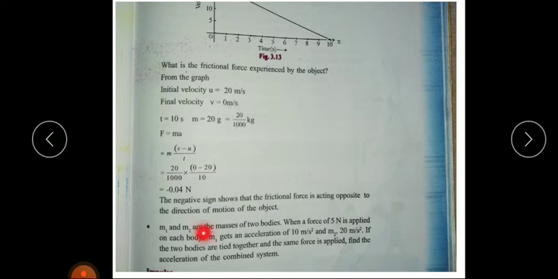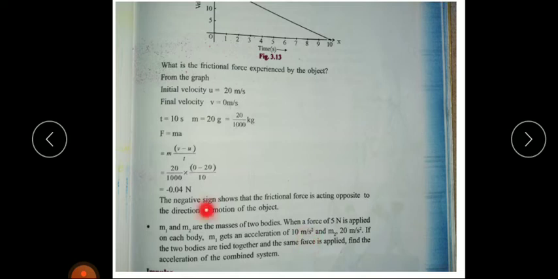So in this problem, M1 and M2 are the two masses of two bodies. When a force of 5 Newton is applied on each body, M1 gets an acceleration of 10 meter per second square. So on applying a force of 5 Newton on M1, it gets an acceleration of 10 meter per second square.